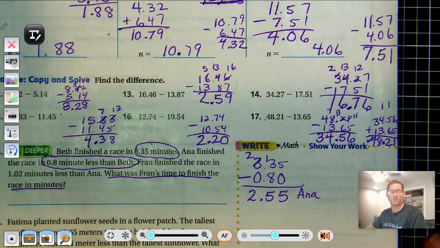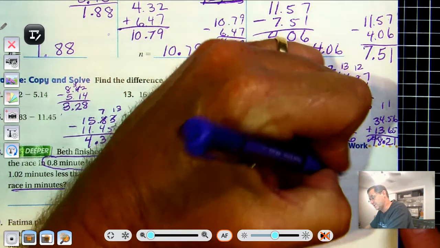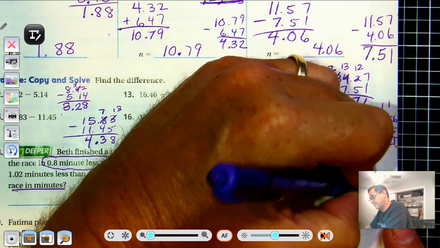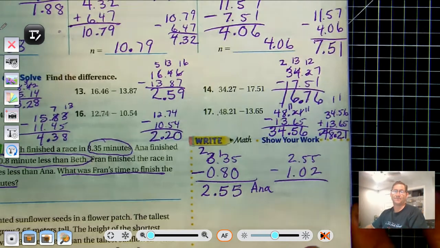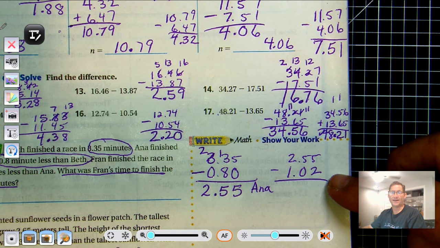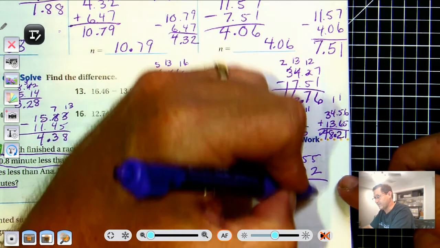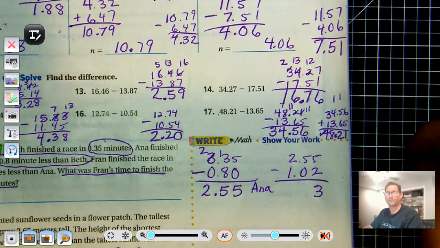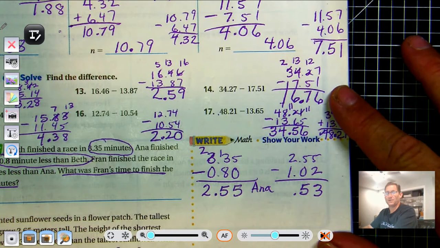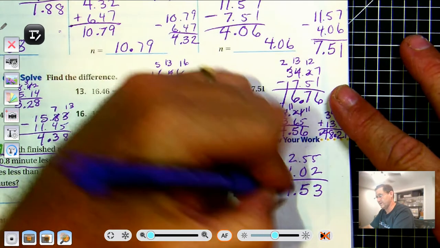But Fran finished the race in 1 and 2 hundredths minutes less. So let's take Anna's time and subtract to get Fran's. 5 hundredths take away 2 hundredths is 3 hundredths. 5/10 take away 0/10 is 5/10. 2 take away 1 is 1.